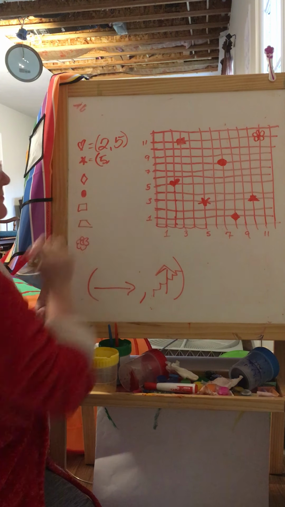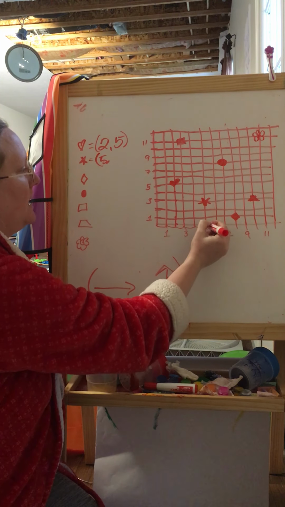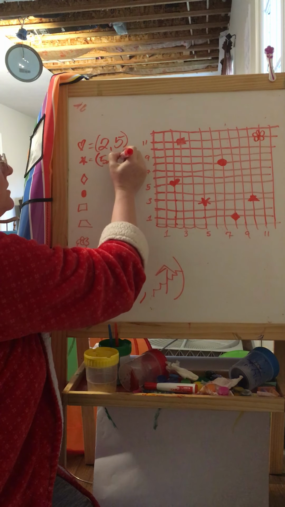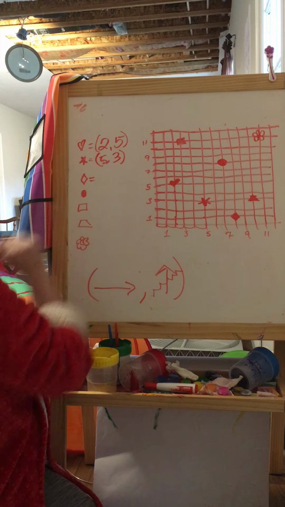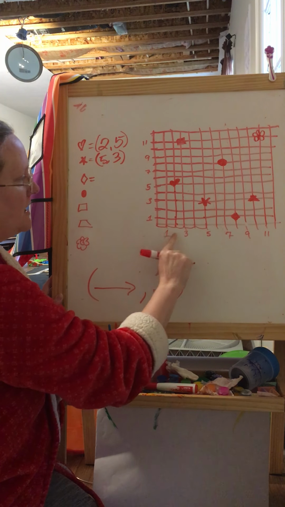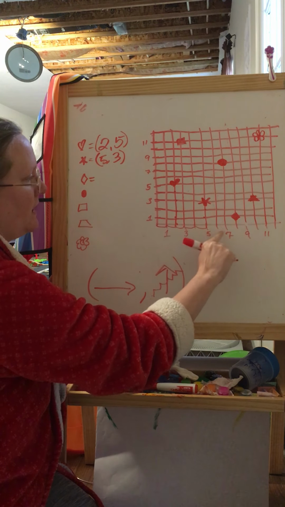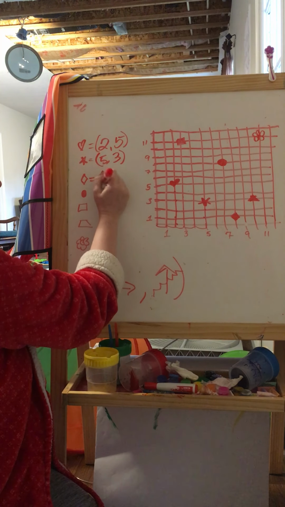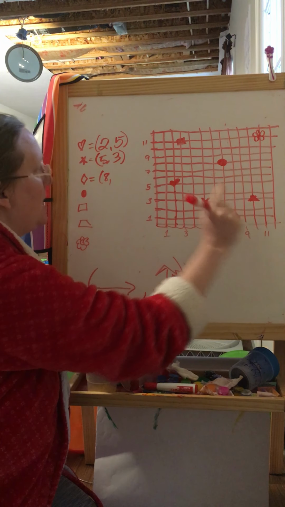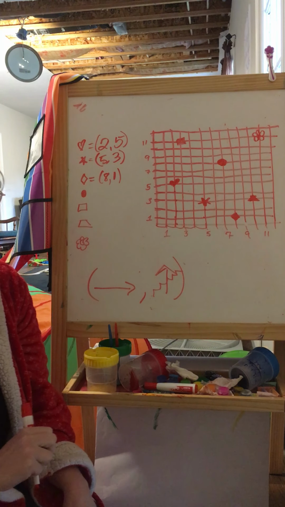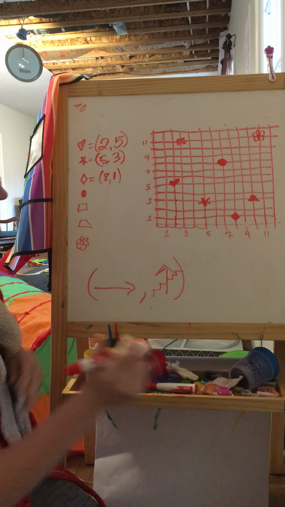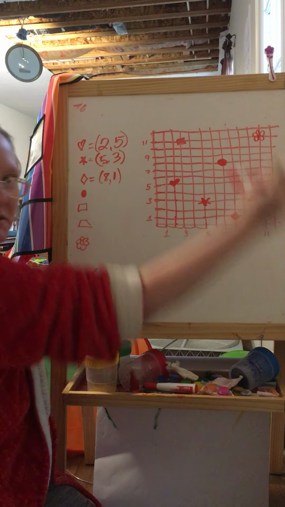So inside my bracket, the 5. And then 1, 2, 3. So you have to go over 5, up 3. The diamond is at 1, 2, 3, 4, 5, 6, 7, 8. And then up 1. The diamond, or the rhombus, is at 8, 1.